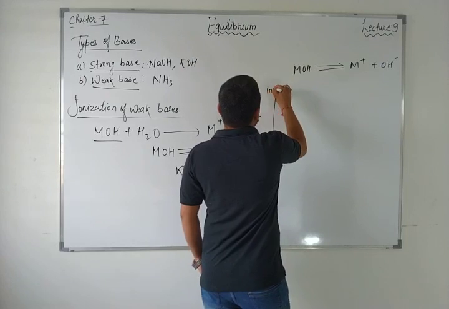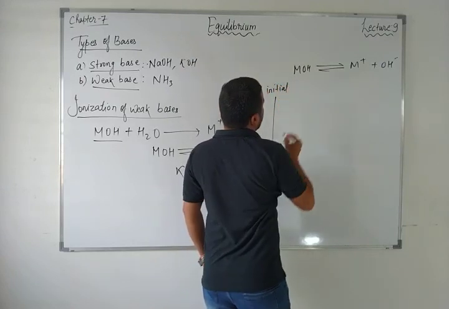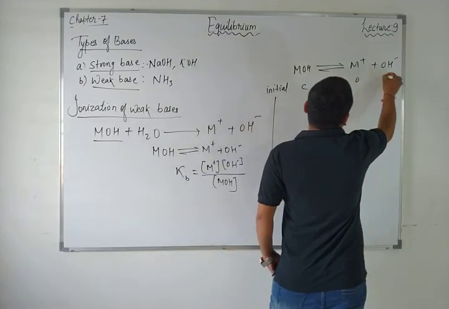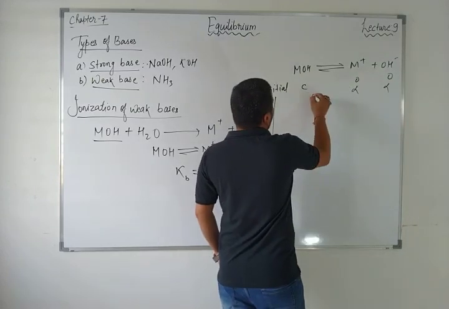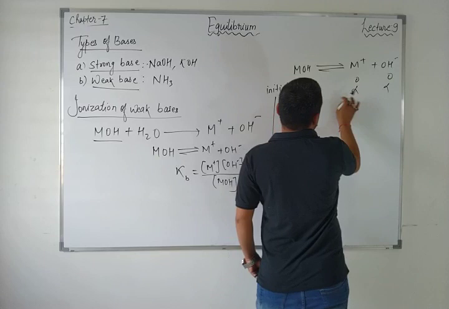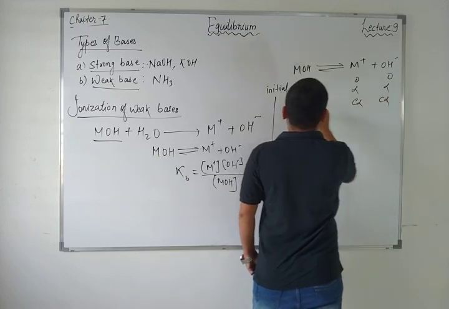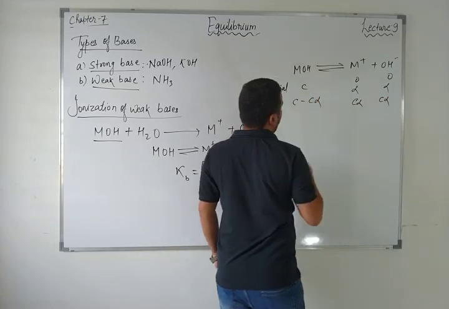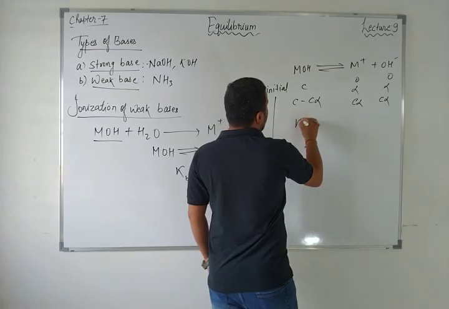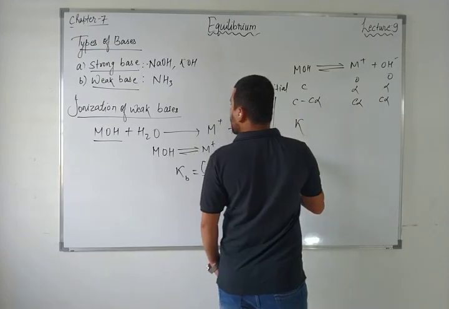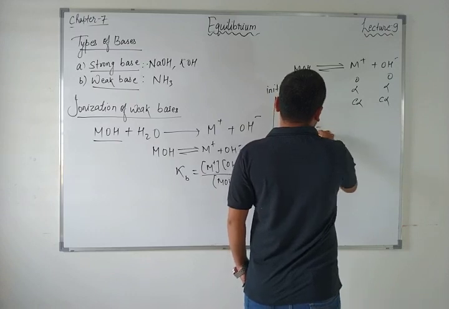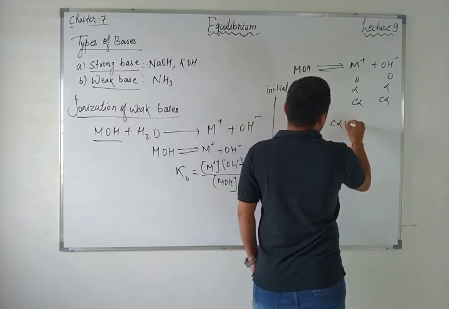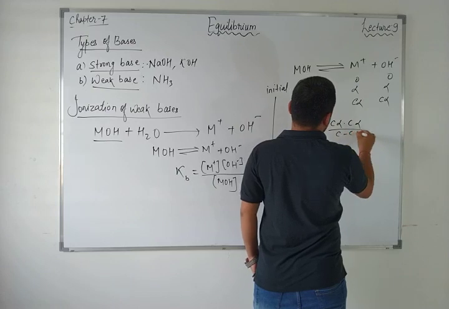Initially, the concentrations are C, 0, 0. After that, with alpha, this becomes C alpha, C alpha, and this will be C minus C alpha. So if you want to calculate the ionization constant of weak bases, Kb will be C alpha into C alpha upon C minus C alpha.